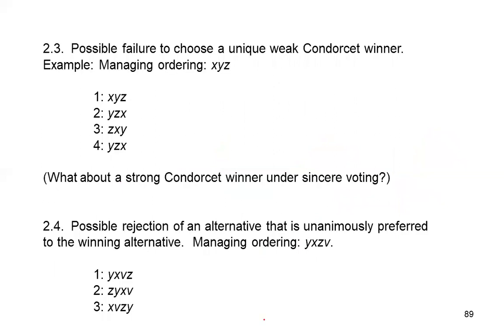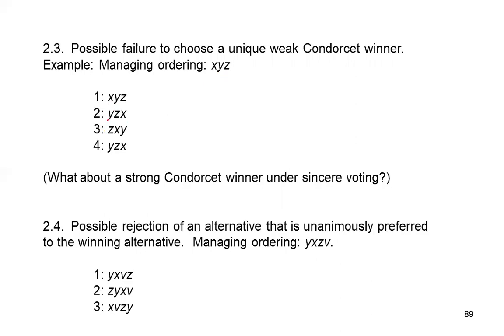Now, there is a possibility that the managing ordering fails to choose a unique weak Condorcet winner. So now we have a voting profile with 4 voters and 3 alternatives, and the managing ordering is X, Y, Z. Let's take a look at who is the weak Condorcet winner.